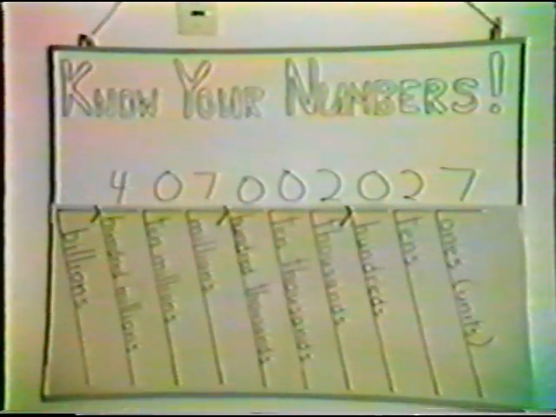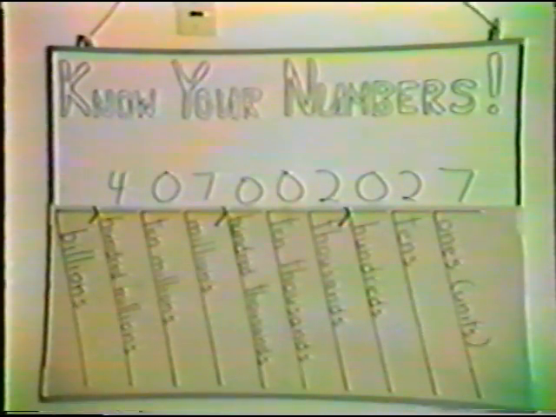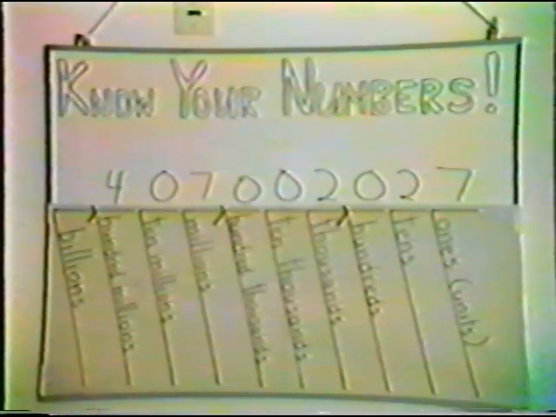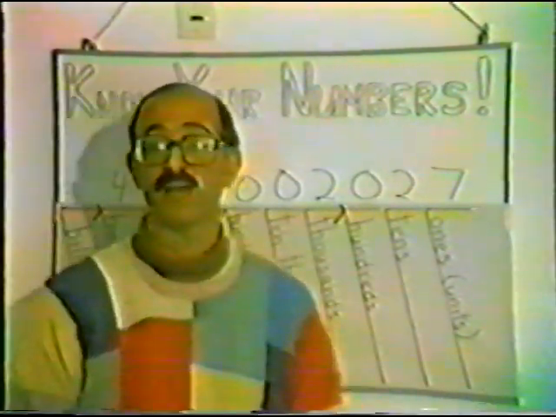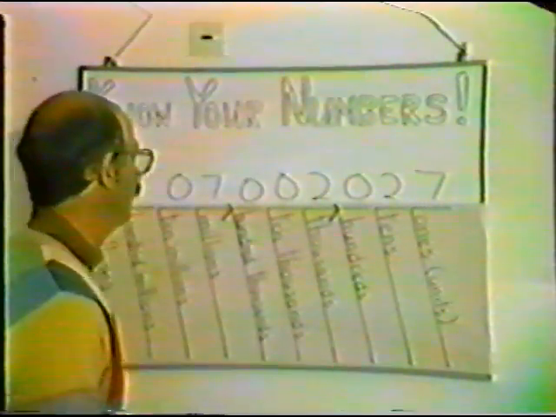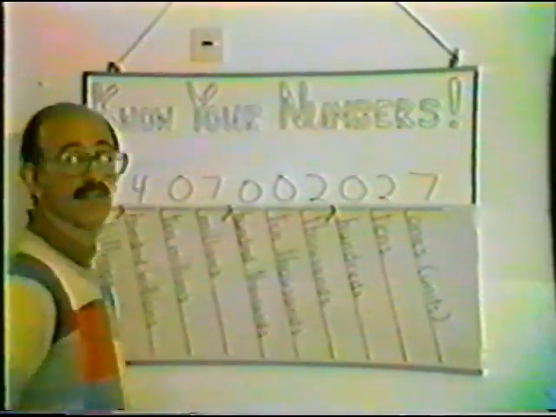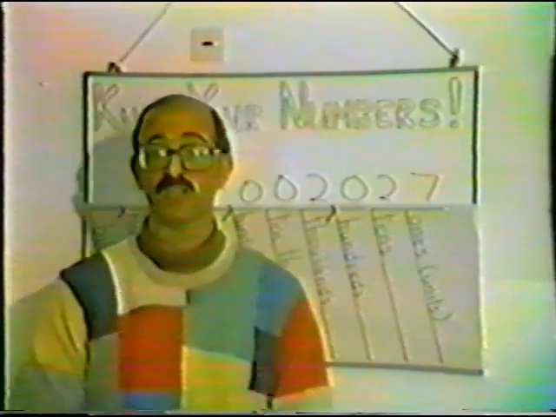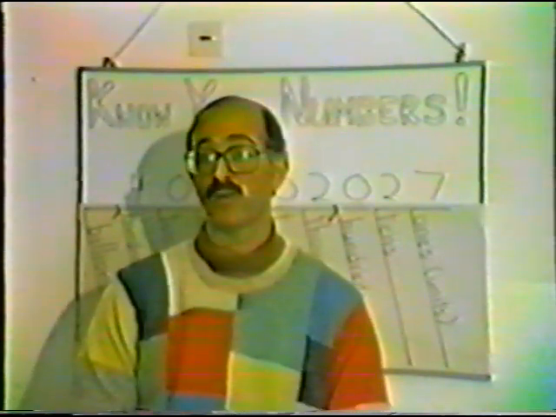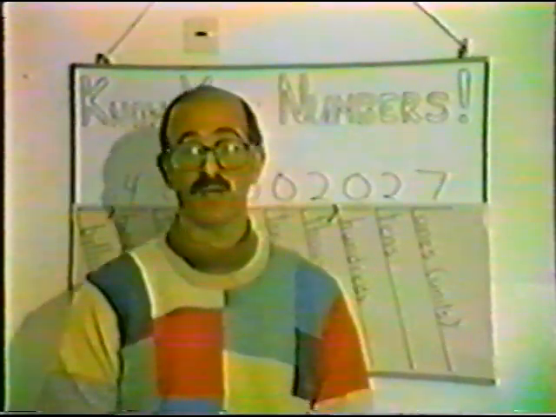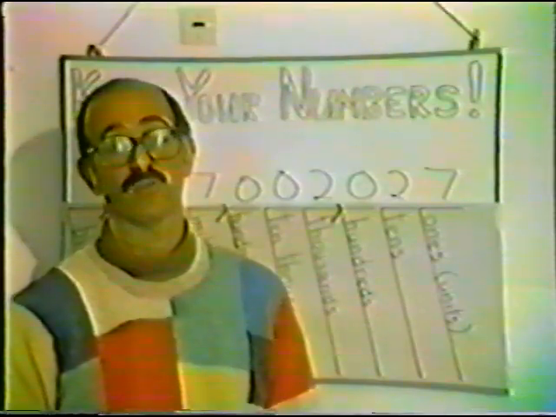Let's read that number. 407,002,027. Look at all the spaces that we had to fill with zeros. 1, 2, 3, 4 spaces that were filled with zeros. And if those zeros aren't there, the number would be read some other way. But here's how it looks if you write it out.